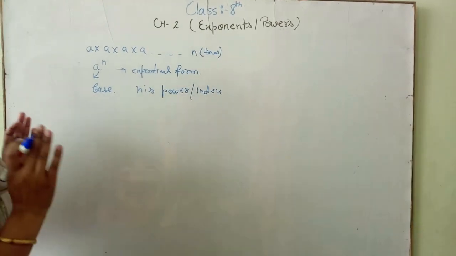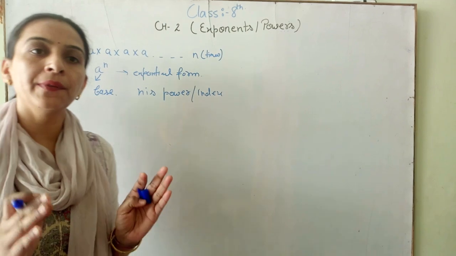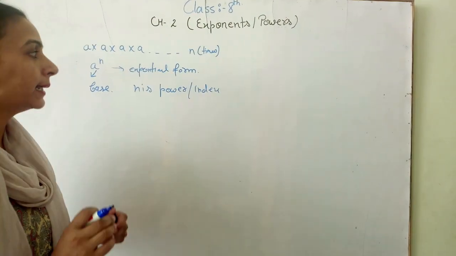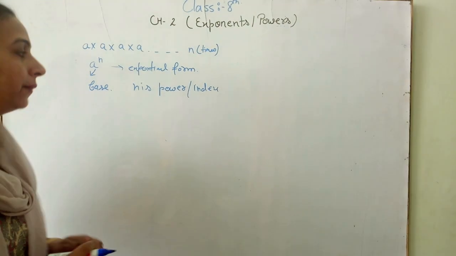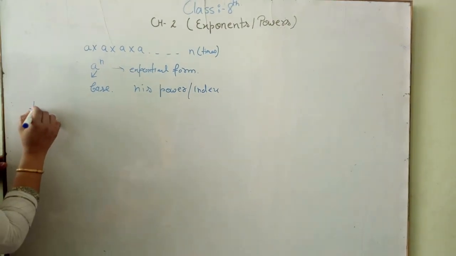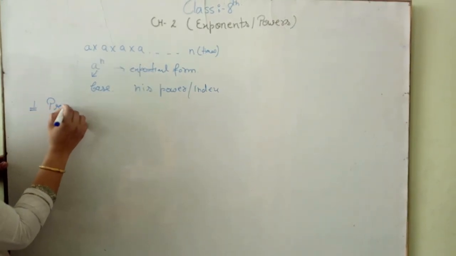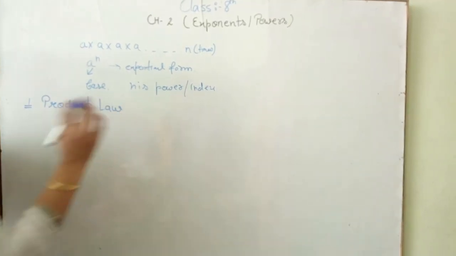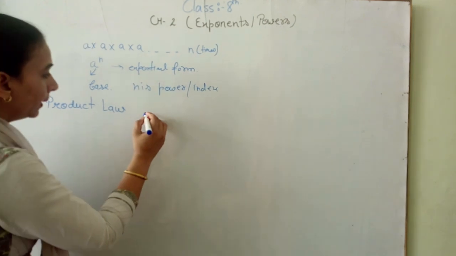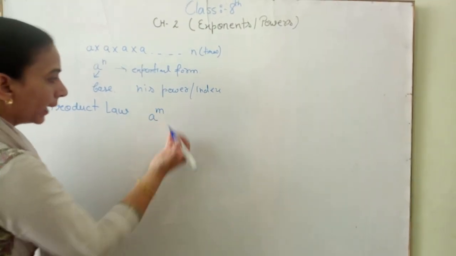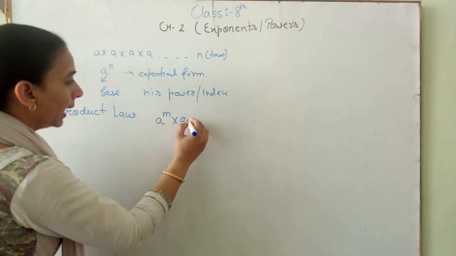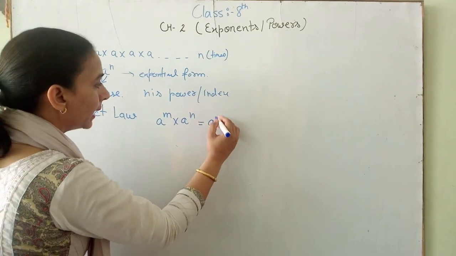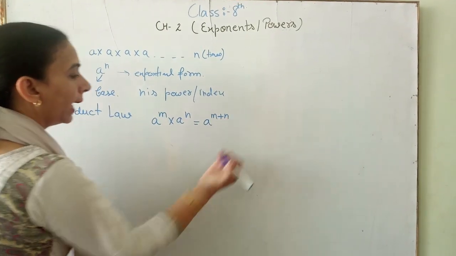Students, before starting our exercise, first we discuss the main concepts of this chapter. There are some important laws. First law, product law. What is the product law? If a raised to the power m is multiplied by a raised to the power n, then we can write this as a raised to the power m plus n.